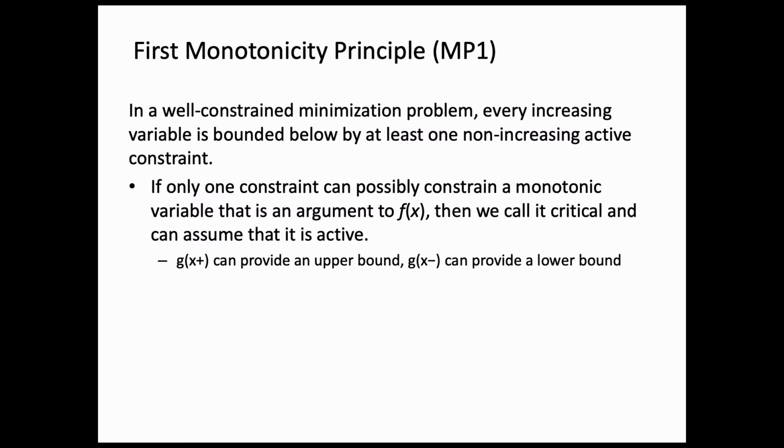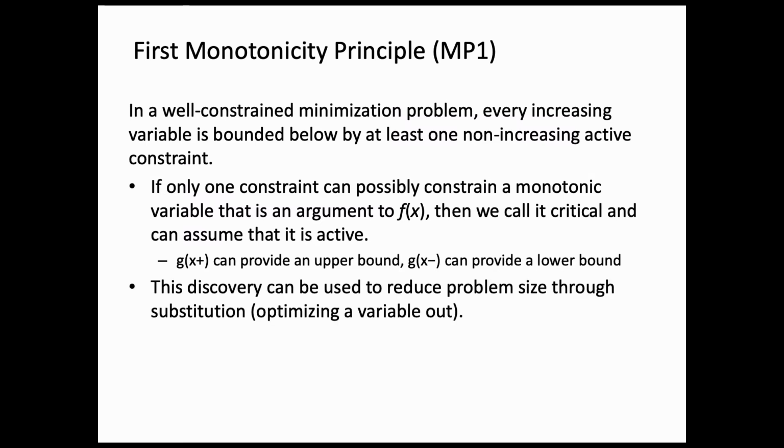Using the notation that we defined earlier, an inequality constraint g of x that's monotonically increasing can provide an upper bound on an objective function, and g of x that is monotonically decreasing can provide a lower bound. If we can identify constraints that are critical and active, this can help us to reduce problem size through a process known as substitution, or optimizing a variable out.